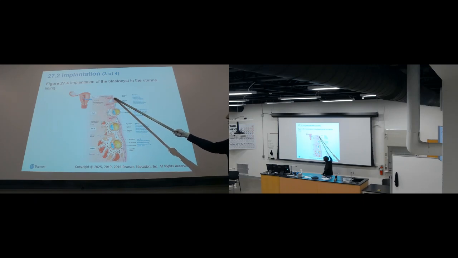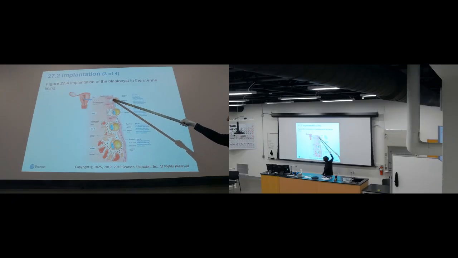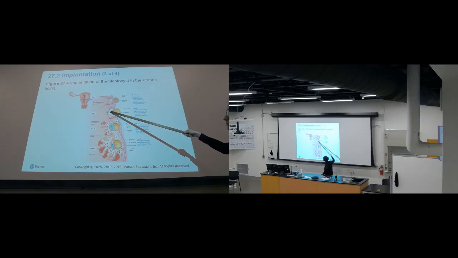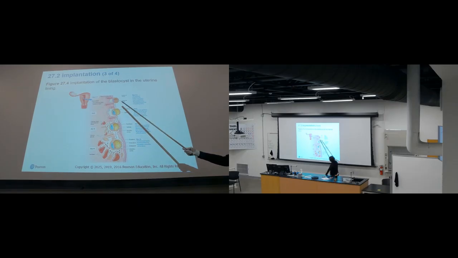This gland secretes glycogen, so it attracts this blastocyst, and then the blastocyst contacts this stratum functionalis, and starts extending this syncytial trophoblast. See how by day 8, this syncytial trophoblast is deeper within this uterine wall.